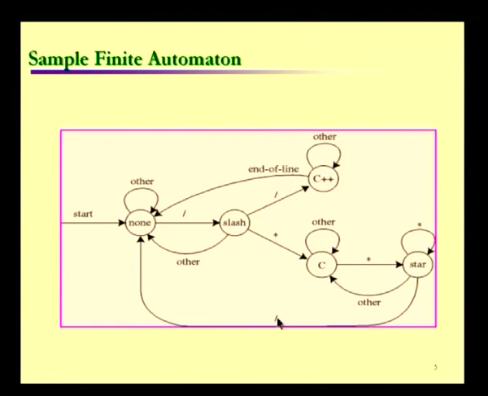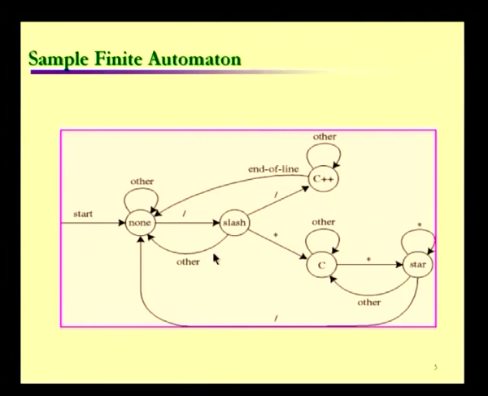So, here we find that when you reach none, it can be considered either as a no comment state, or a comment from C++, or a comment from the C programming language.